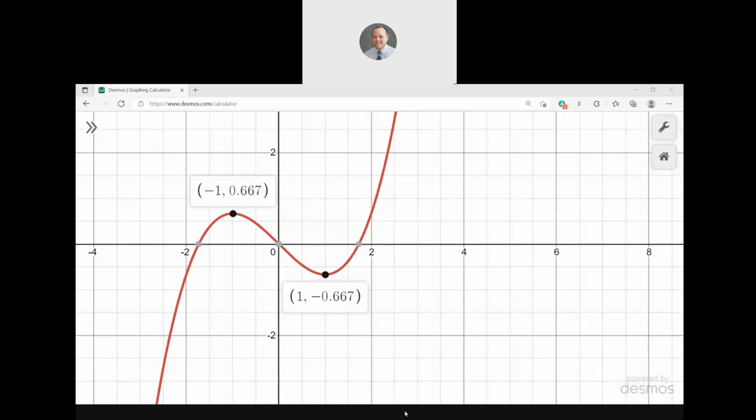Now, moving on to the information we got from the second derivative test, we determined our function is concave down from negative infinity to 0. So as you follow my arrow, this is definitely concave down, or upside down.